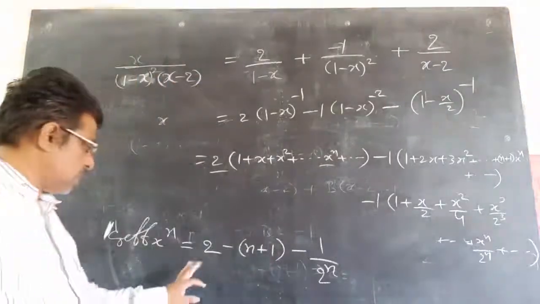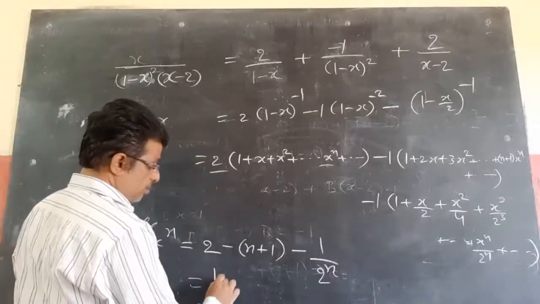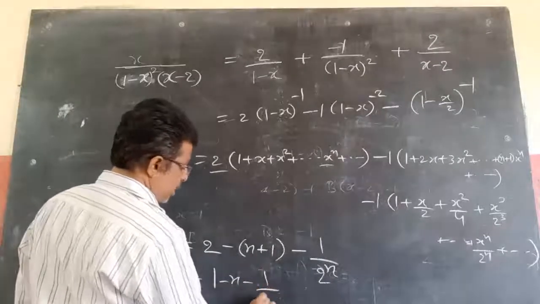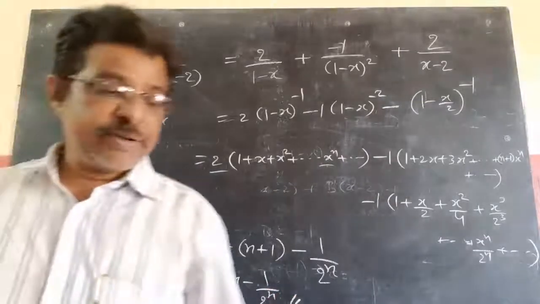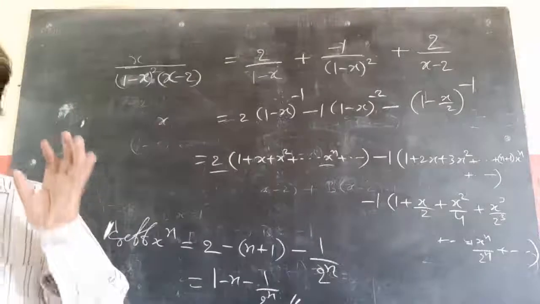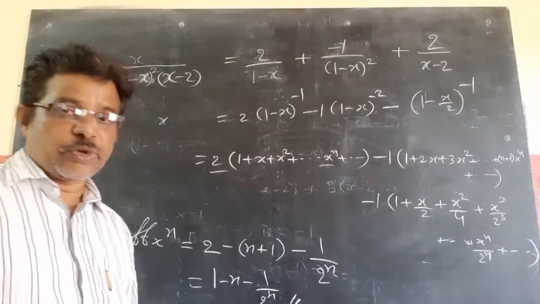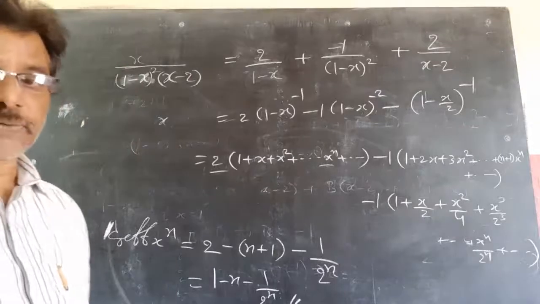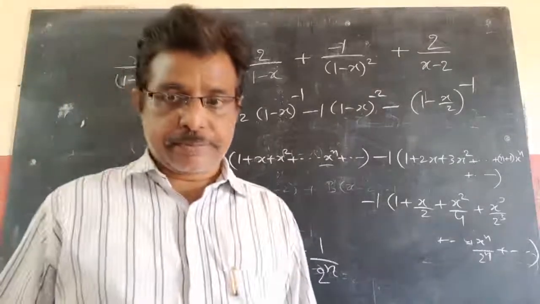If you want, you can simplify one more step, that is 2 minus n minus 1 minus 1 by 2 power n. So this is the coefficient of x power n in the given expansion. Like this we can simplify and find the power of x in the given expression.